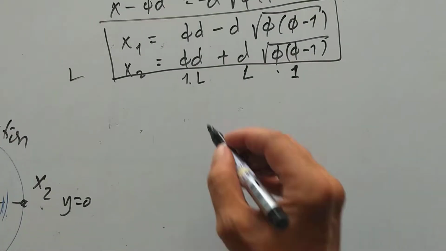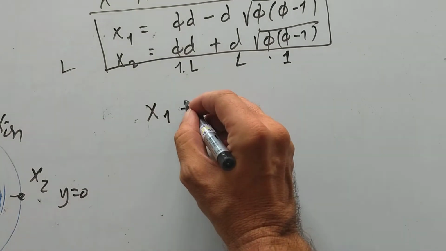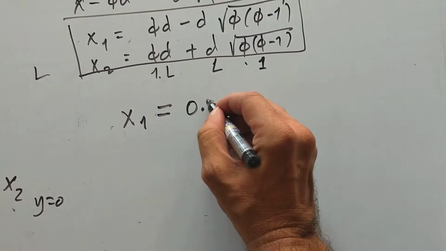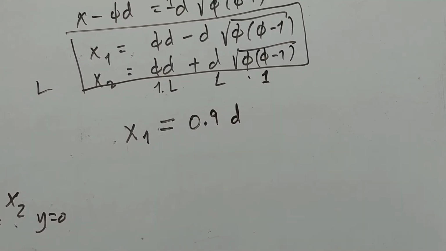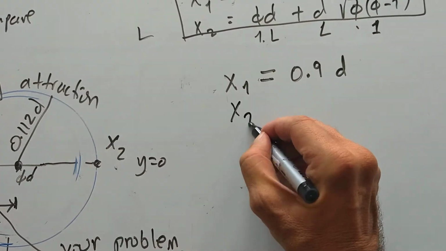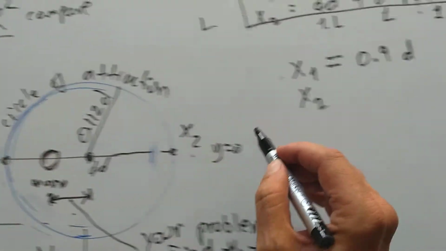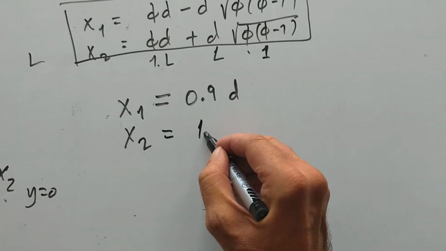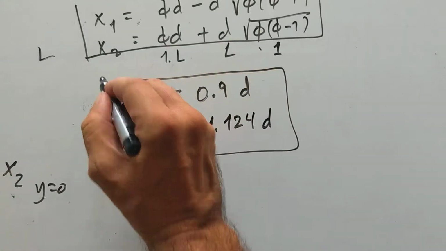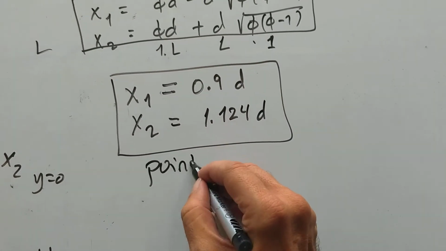If we plug in all the numbers, we get x1 is just about 0.9d, and x2 is farther away, of course, on the other side. It's 1.124d.